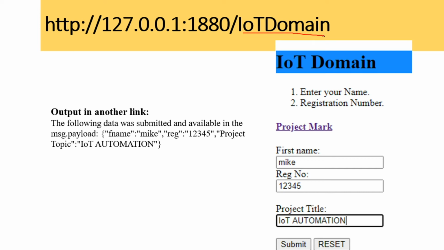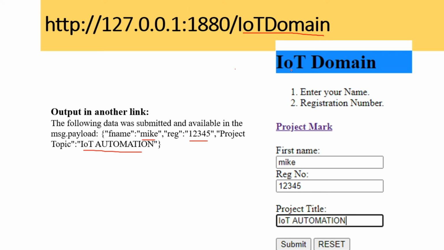In the previous one I started with IoT home, so you have to use IoT home; if you are using IoT domain, you have to use this IoT domain. Okay, so this following data was submitted, and this is in the payload. These are the values I'm submitting: Mic, register number 12345, and the project name is IoT automation. So this is the output screen which will be visualized when you type this in your address bar.